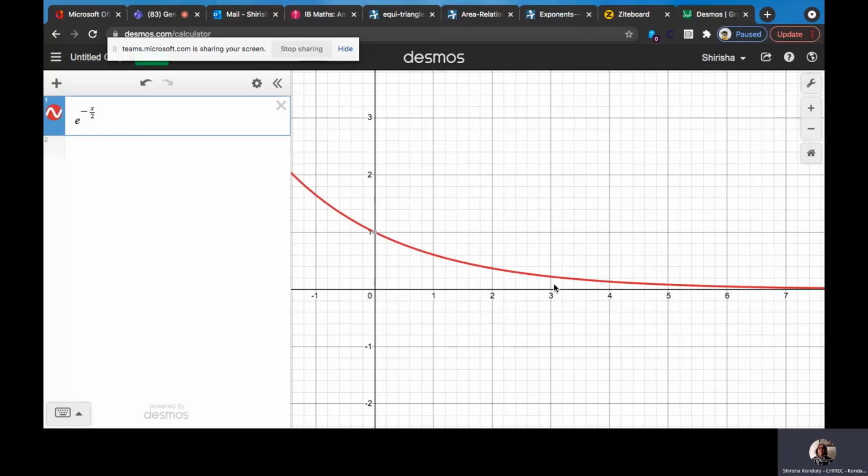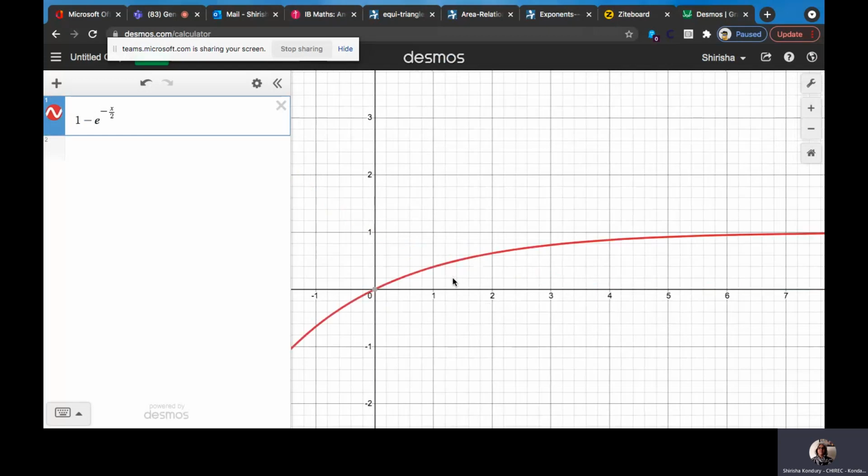The area will go on increasing, isn't it? I'm adding more and more rectangles between time 0 till time a. I don't know what a is, but it could be anything on the positive x-axis. If I'm adding areas, shouldn't the sum of all areas increase? And look at the graph of the displacement or the distance. It is showing an increasing graph, which makes intuitive sense that yes, we are doing it right.